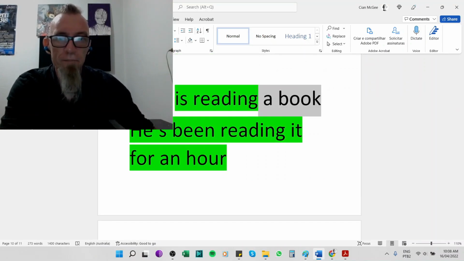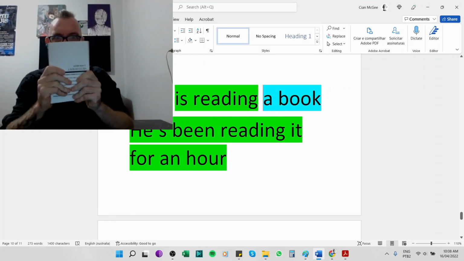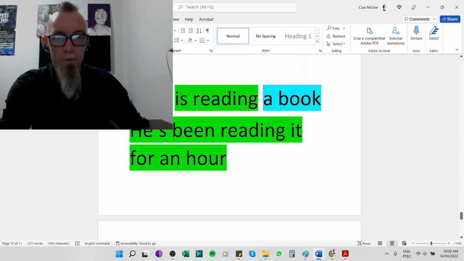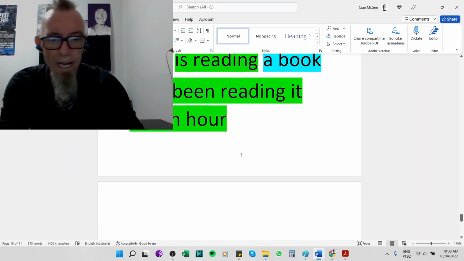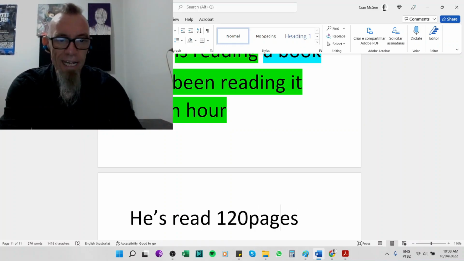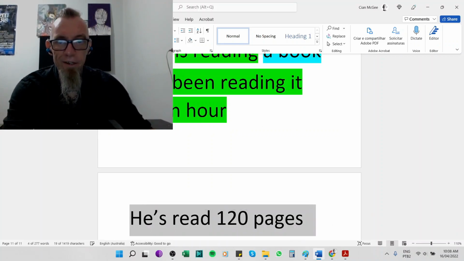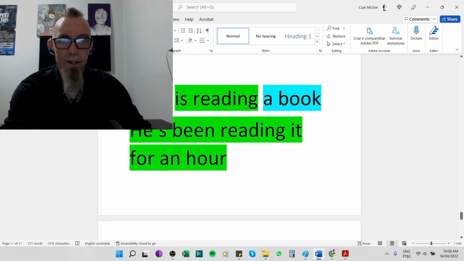So what can be the output with the book? Remember, related to this specific book here. So we'll say he's read 120 pages. And that's it. Now, with both of those pieces of information, we can understand what type of a reader John is.